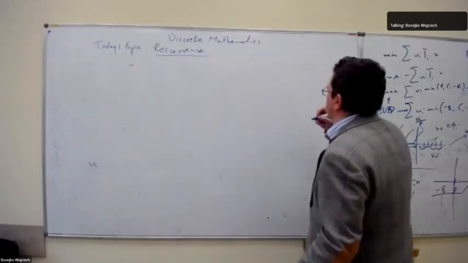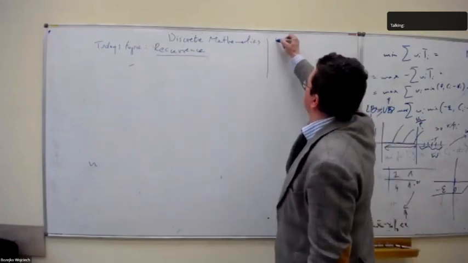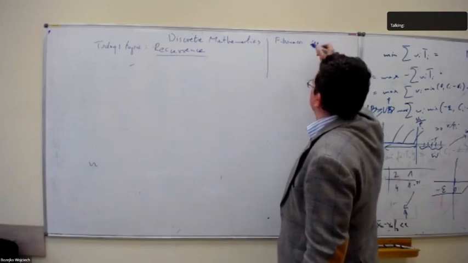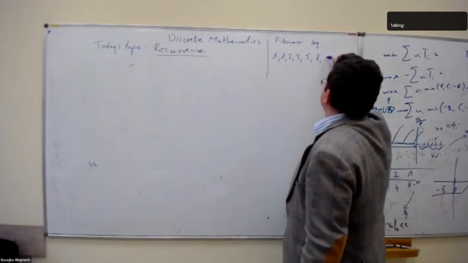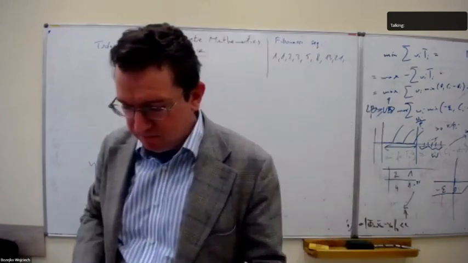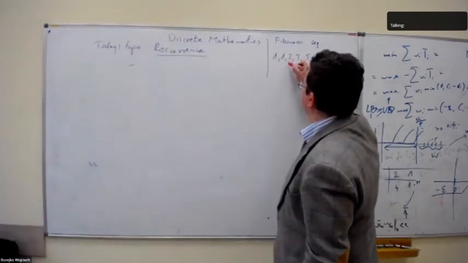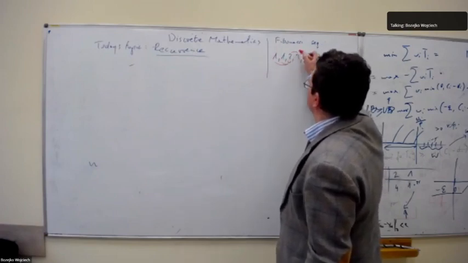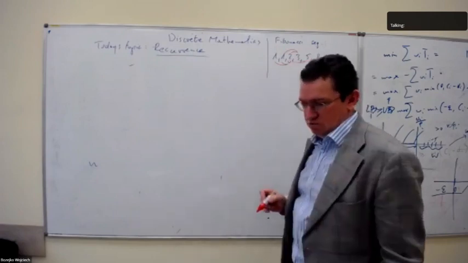For instance, the classical example of a recurrence sequence is the Fibonacci sequence: 1, 1, 2, 3, 5, 8, 13, 21, and so on, where the next one is the sum of the previous two. So 2 is 1 plus 1, 3 is 2 plus 1, 5 is 2 plus 3, and so on.